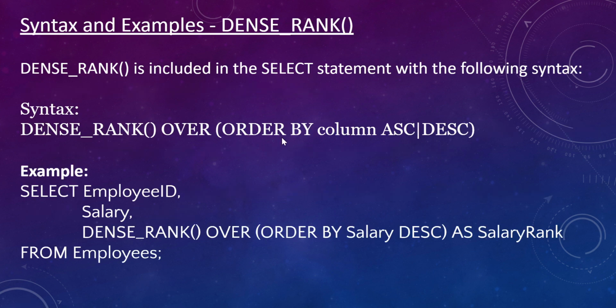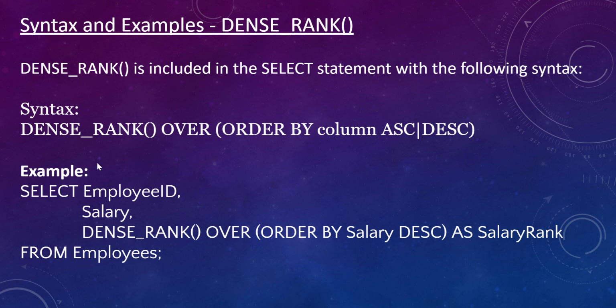So now let's see what the syntax is for dense rank. Dense rank is included in the select statement with the following syntax: dense rank over, and then order by column, either ascending or descending.